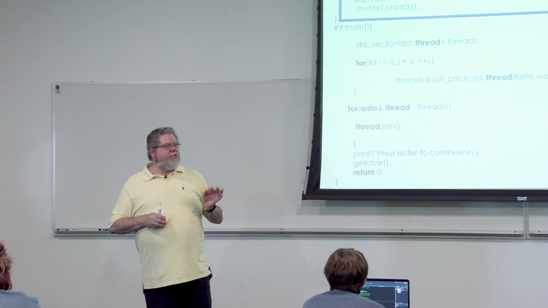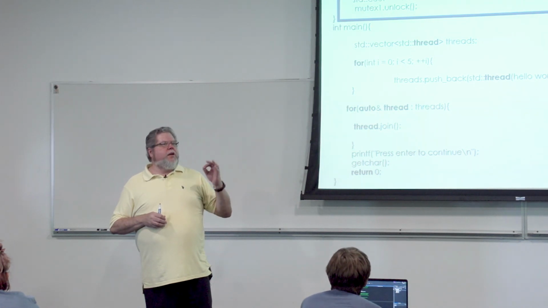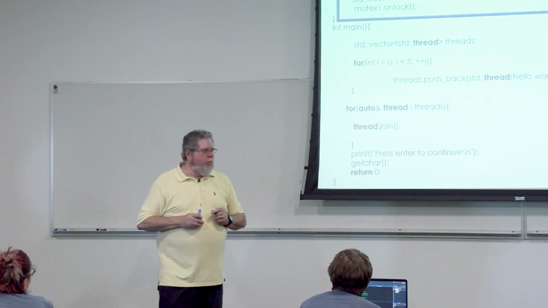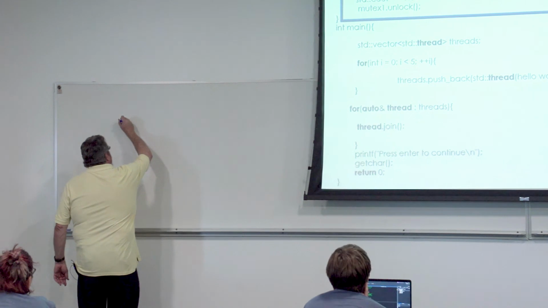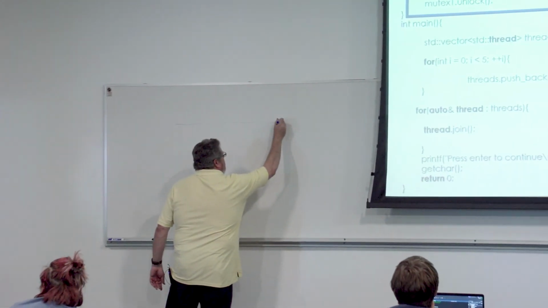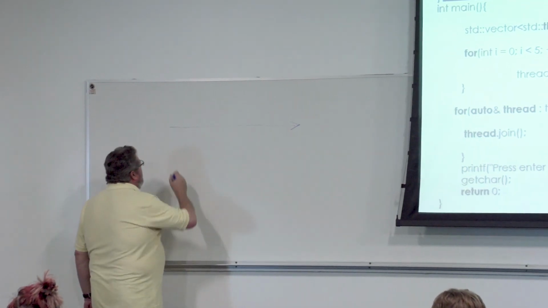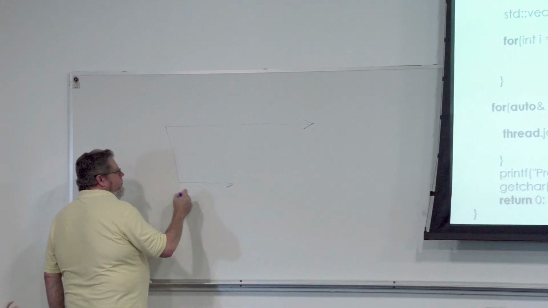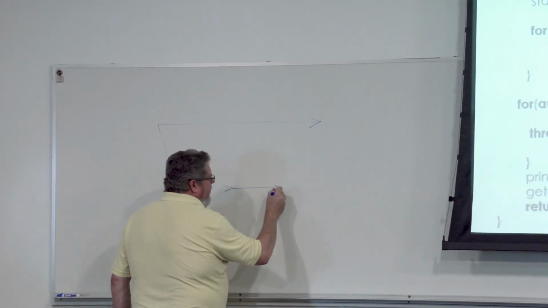The characteristics are different depending upon whether I make a thread joined or detached. Okay? So the way that we visualize this, we have some thread. In this case, it's main. Doesn't have to be. But we have some thread, and we're launching another thread just like we did before. Right? But this thread is going to go off, and it's going to do stuff.